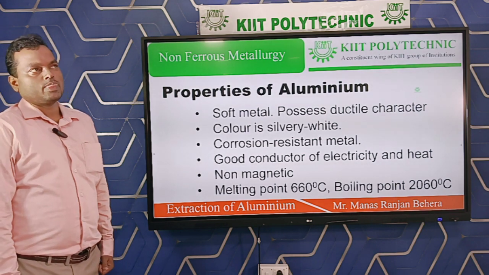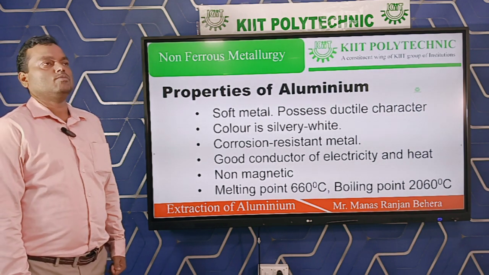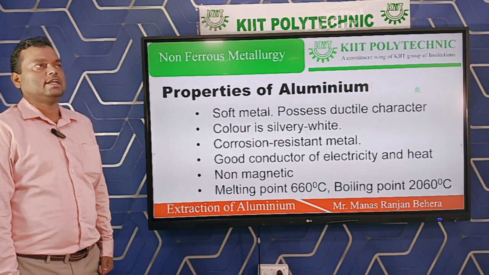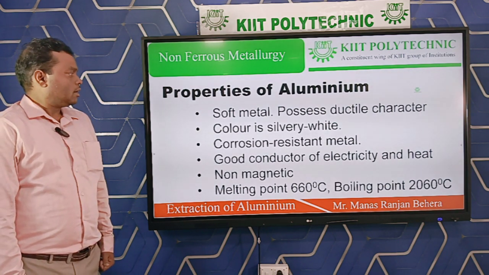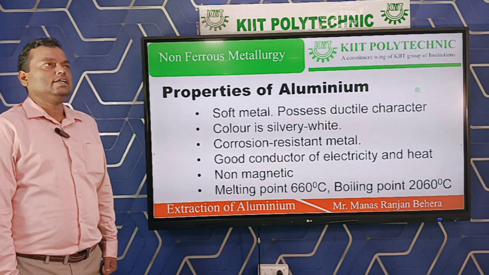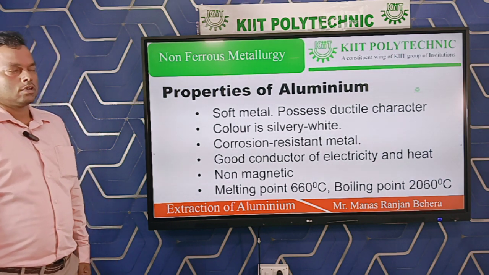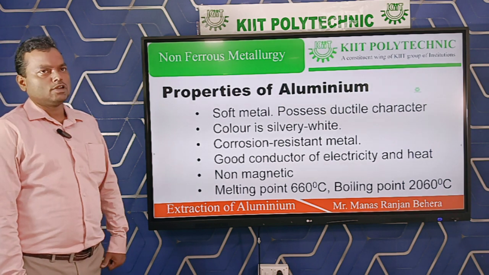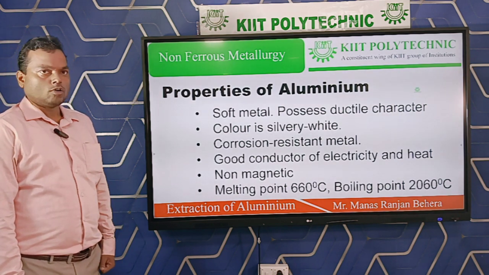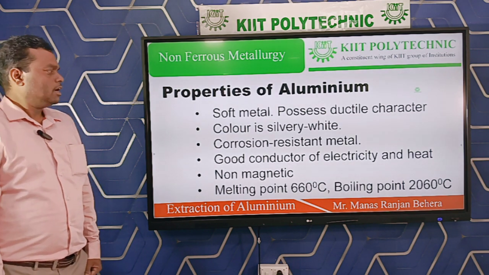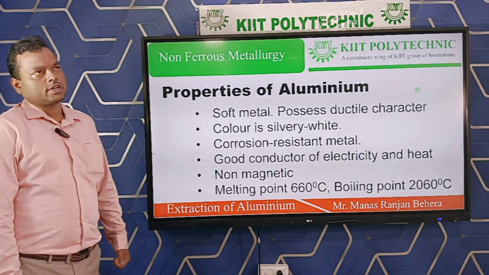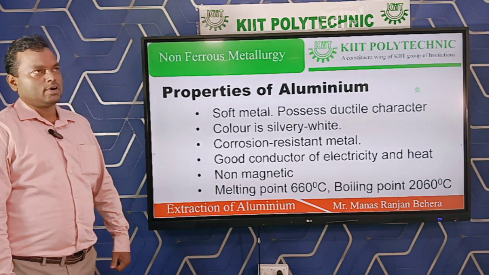Then comes Hindustan Aluminium Company, which is situated in Hirakud of Odisha. Then Hindustan Aluminium Company in Renukoot of Uttar Pradesh. Then Bharat Aluminium Company in Korba district of Chhattisgarh. Then Vedanta Alumina in Odisha. So these are the important industries available in our country.